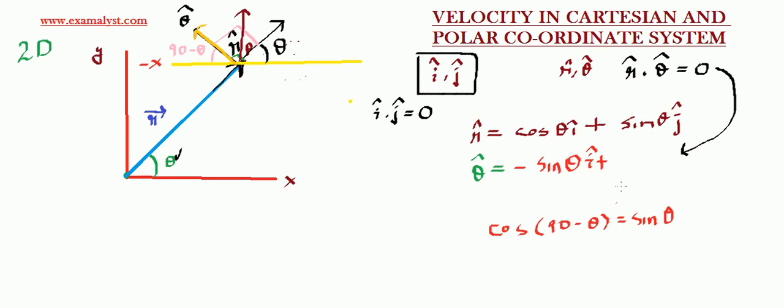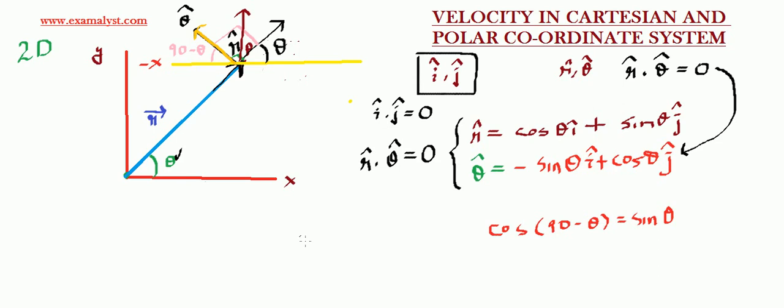So the second term is going to be sin(90 minus theta), which is cos theta, and since it is in the positive y direction, there is no minus sign, only j cap. You can easily check that these expressions satisfy the condition that they are orthogonal, that is r cap dot theta cap equals 0.